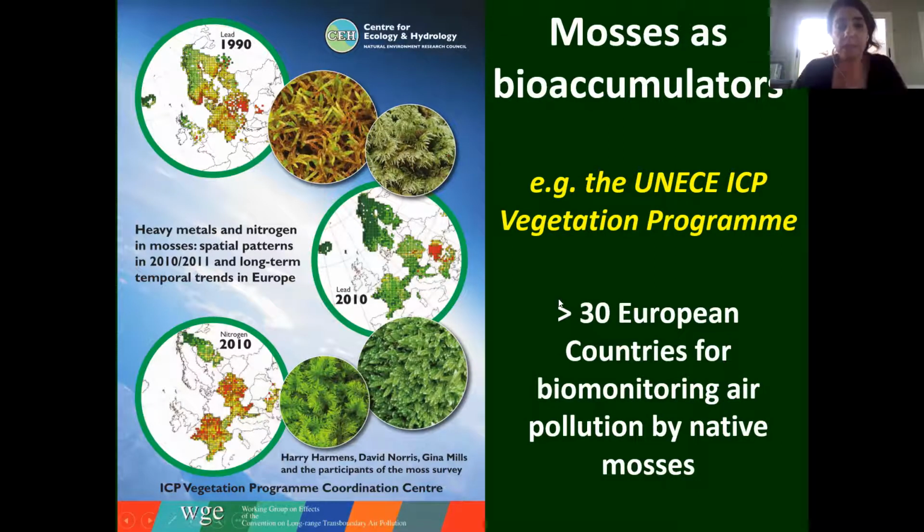For example, there is a famous network, the UNECE ICP Vegetation program. It's a network between several countries in Europe with the aim to evaluate the pollution in the environment, so in specific places in Europe, by analyzing mosses collected in natural sites.